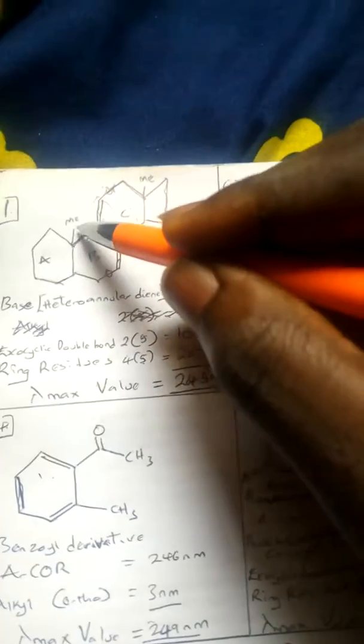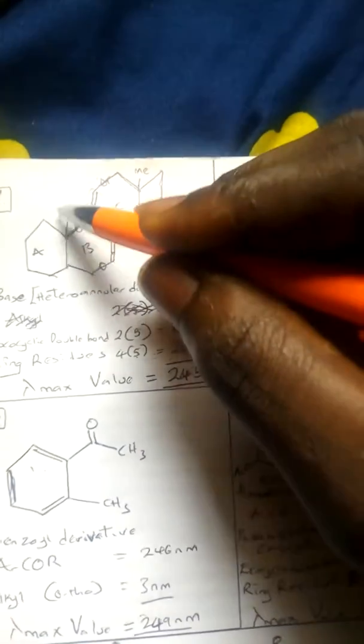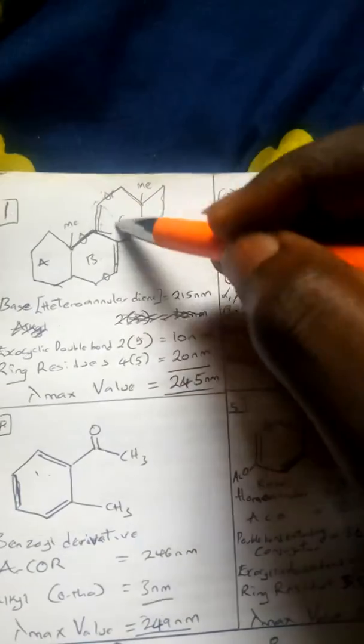So by the time we check all this very well, realize that we don't have any other feature. Yes, I heard someone asking what about this alkyl and alkyl? This alkyl and alkyl here, they are not auxochromes. This alkyl here is not serving as a substituent. This alkyl here is not going to increase the absorption of this chromophore, this particular compound. Don't forget that this conjugation is the chromophore.